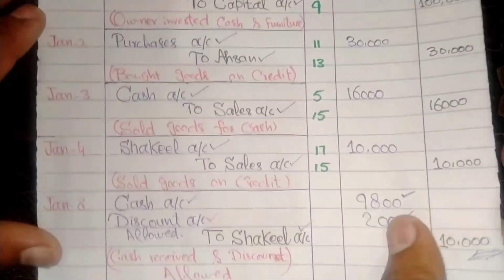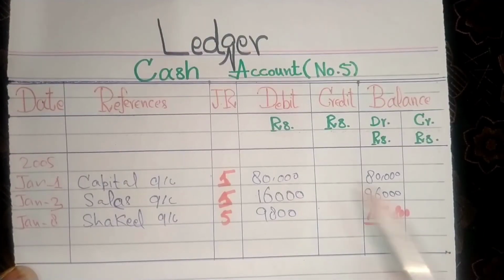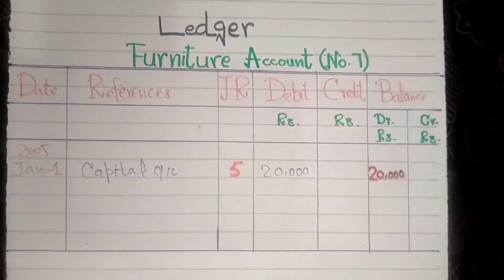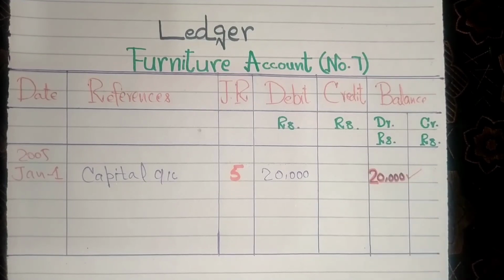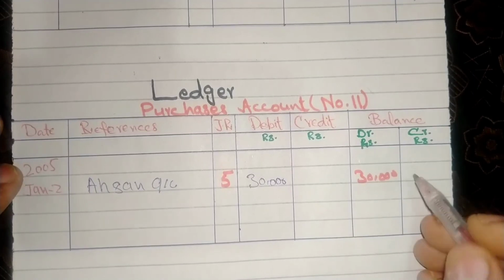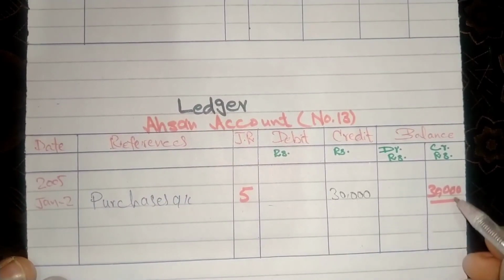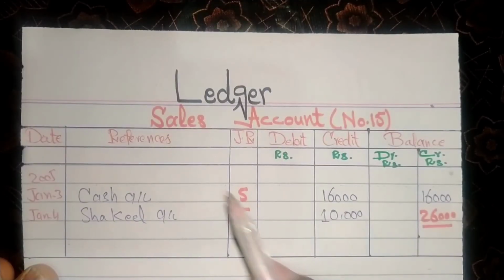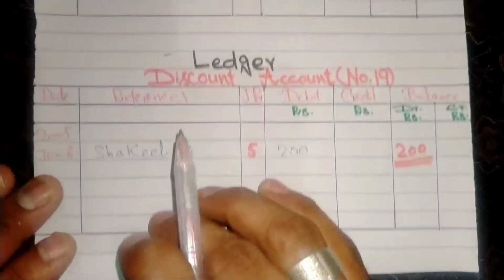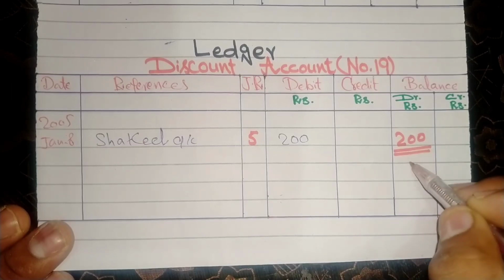So when we talk about their balances in chronological order, ledger of cash account has balance this, ledger of furniture account has debit balance this, ledger of capital account with credit balance this, and ledger of purchases account with debit balance this, and further ledger of Ehsan account with credit balance this, ledger of sales account with credit balance this, ledger of Shakil account with nil balance this, ledger of discount account with debit balance this.